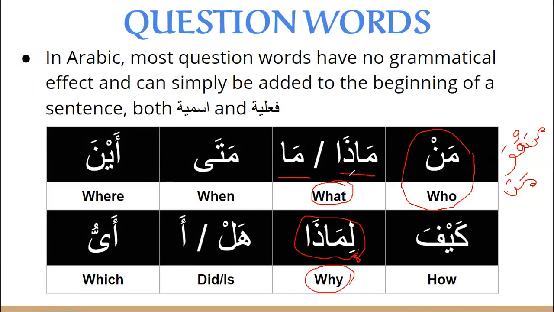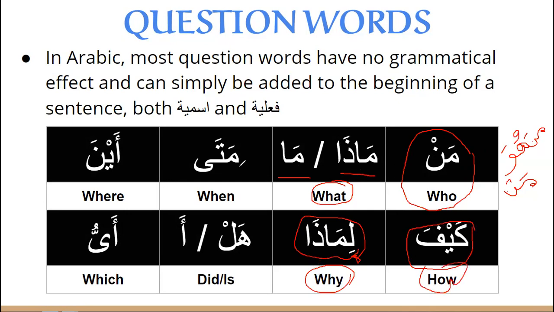So maza is what, and limaza is why. Got it? Maza or ma is what, and limaza is why. Kaifa is a common Arabic term. We always use kaifa halak. So kaifa means how.